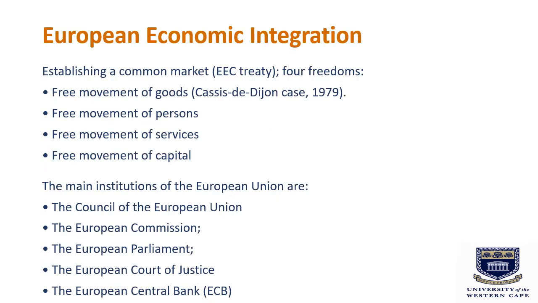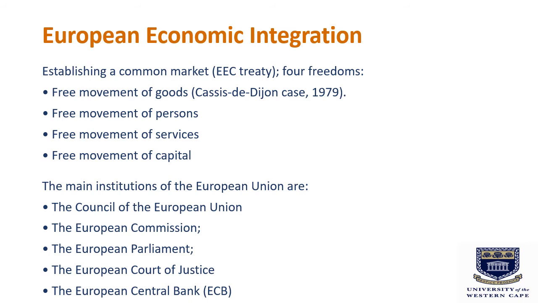So what is the European economic integration? As it stands, it's the highest level integration that has been achieved in terms of economic integration. What it implies is this movement of goods freely between the two countries, there's free movement of people between two countries, so that is in terms of labor or access of people to visit, there's free movement in terms of services, there's free movement in terms of capital.